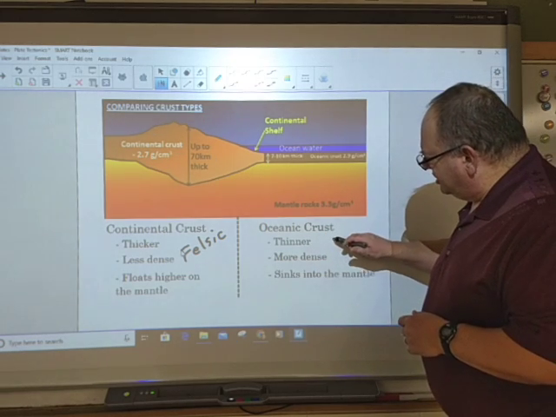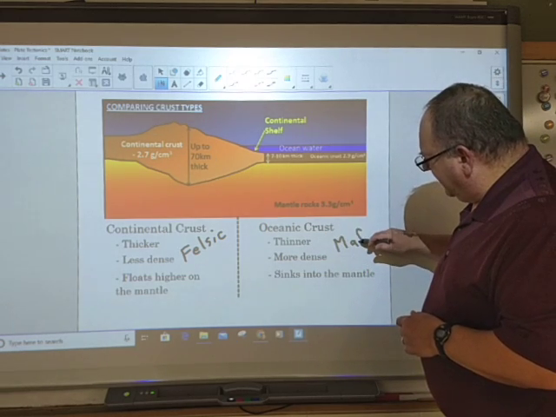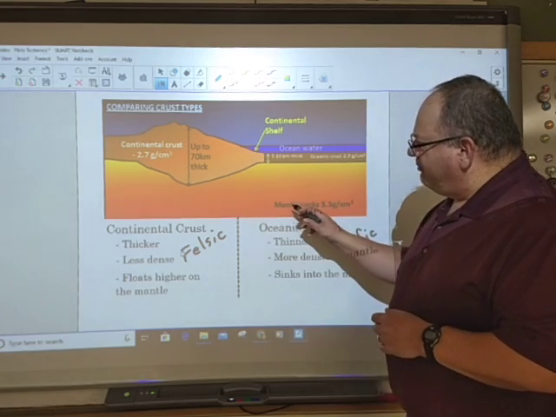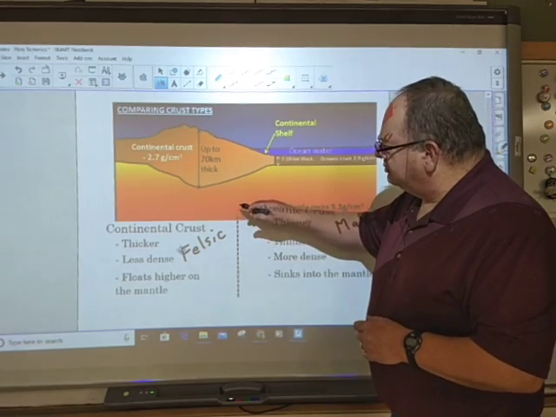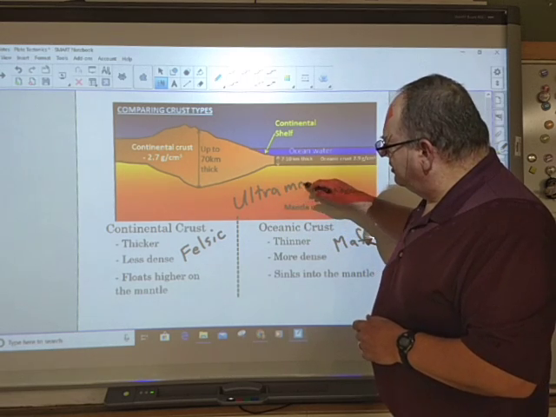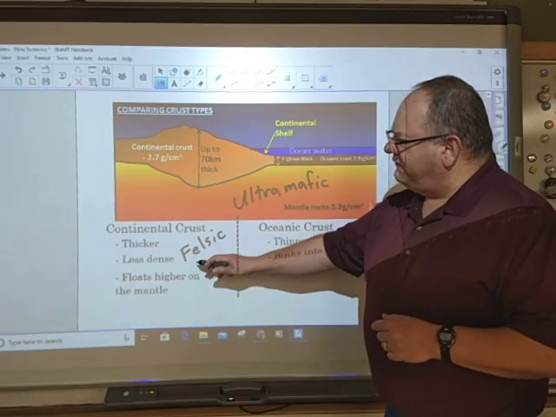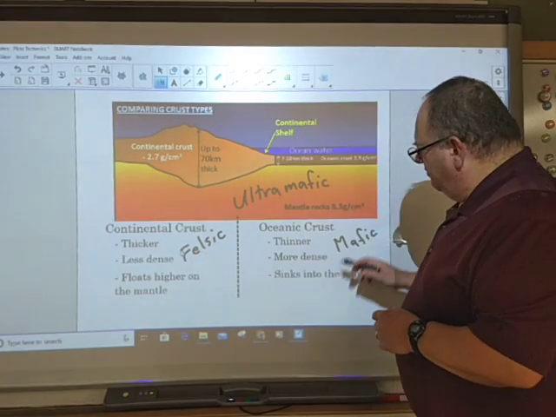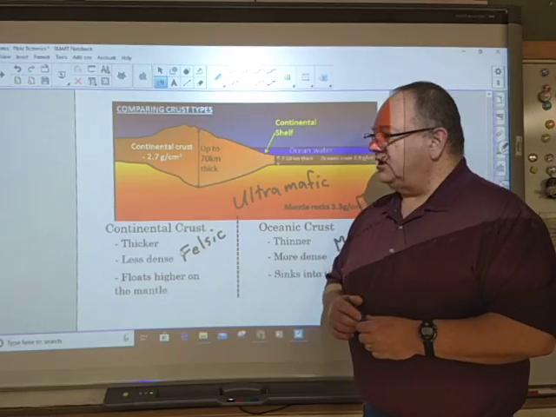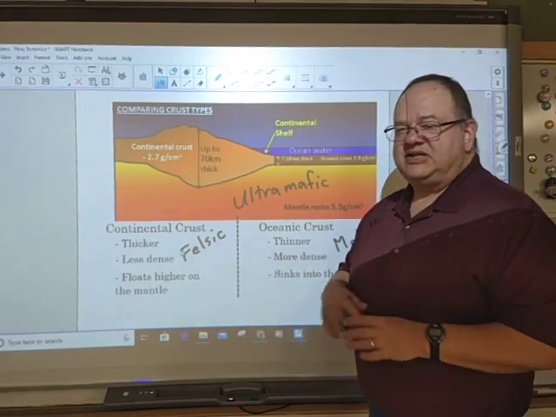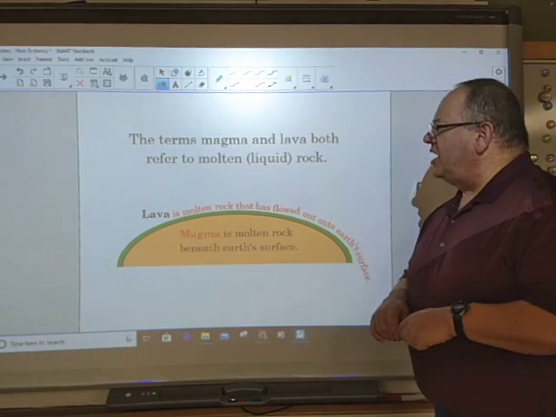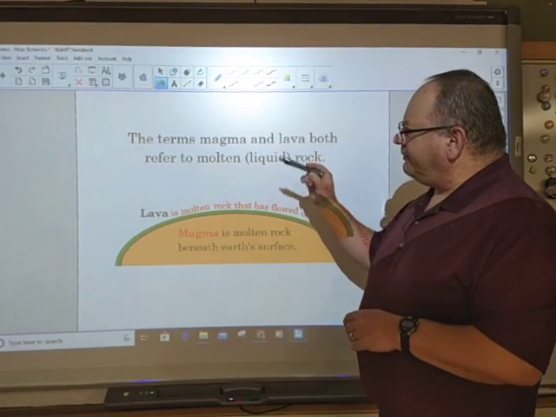The ocean crust tends to be mafic in its nature, and then the mantle that's underneath, remember, is ultramafic. So felsic has a lot of silica, mafic not so much, ultramafic is really low in silica. Okay, the more silica, the less dense it is.